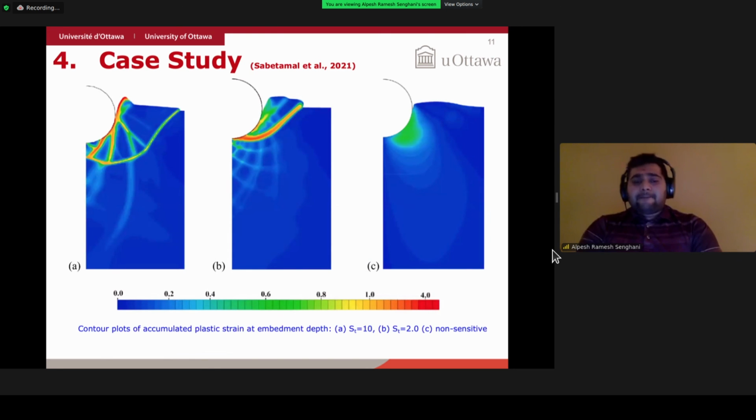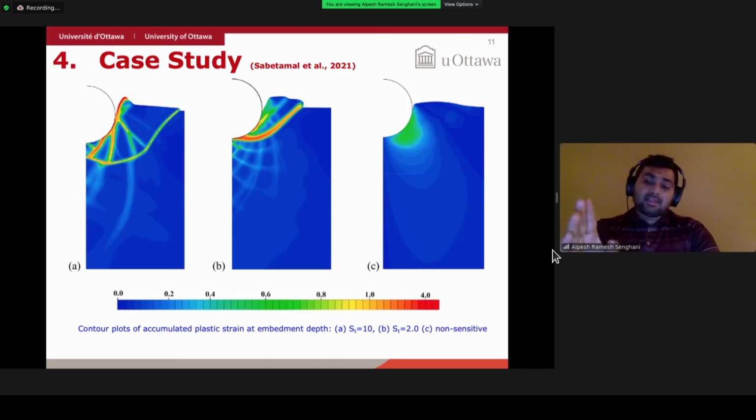Now, when the simulations were done, this is another beautiful aspect of doing numerical modeling: they were able to get contour plots of plastic strain. Now the first formula we saw was the plastic strain at embedment depth. Graph A is for a sensitivity of 10, B a sensitivity of 2. A sensitivity of 10 means the soil is more sensitive, that means it's more erratic in its behavior. And then C is non-sensitive.